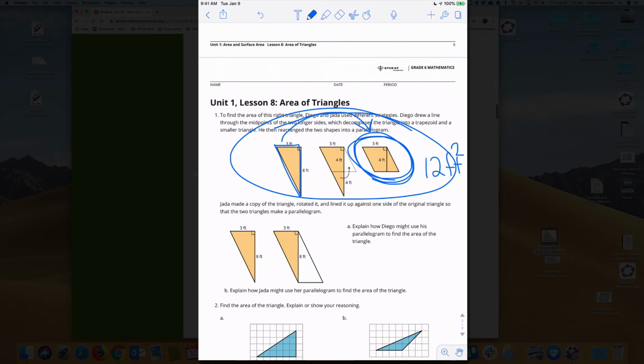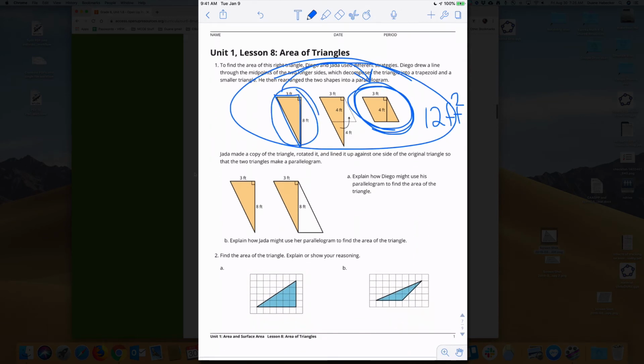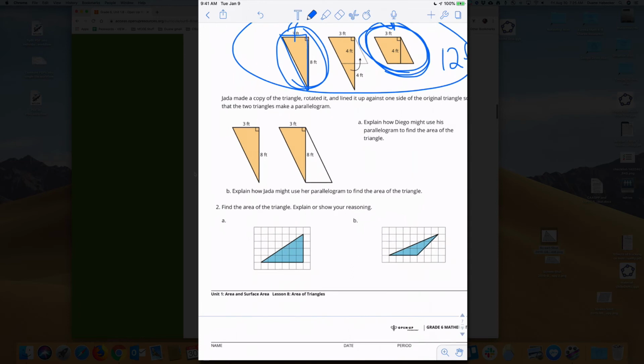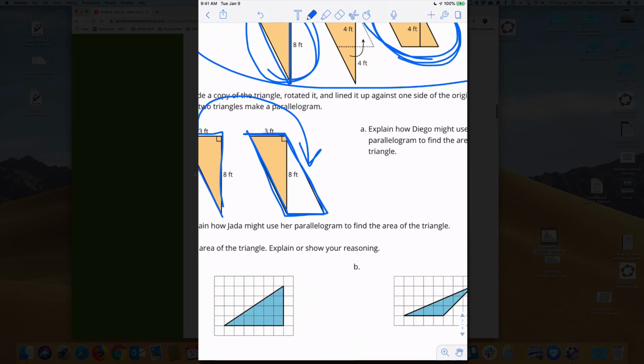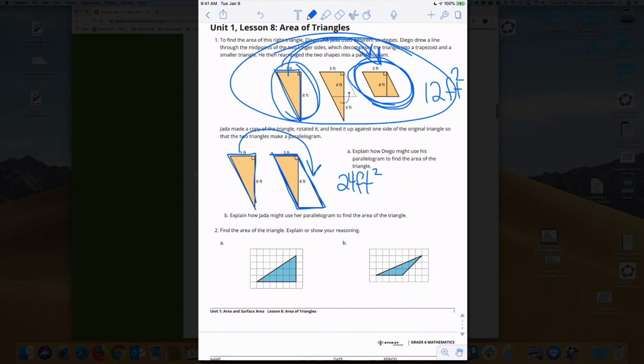He's done, because he didn't add any fake area, so to speak, to get the new parallelogram. Whereas Jada, what is she going to have to do? Well, she doubled the original triangle to create a shape that has twice the area. So when she does the math, she's going to get 8 times 3, which is 24 square feet.